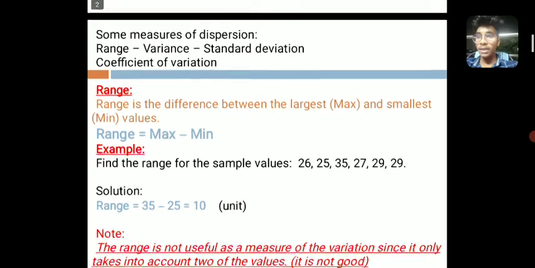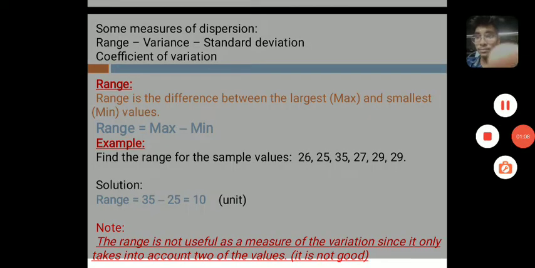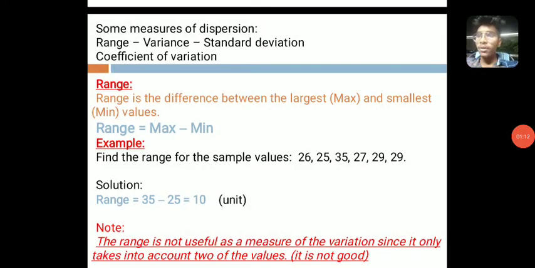There are some types of measures of dispersion, which are range, variance, standard deviation, coefficient of variance, etc. Coming to the range, we know that range is the difference between the largest maximum and the smallest minimum value, where range is equal to maximum minus minimum.